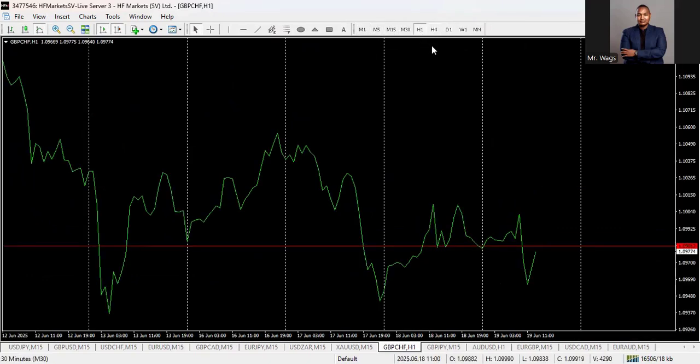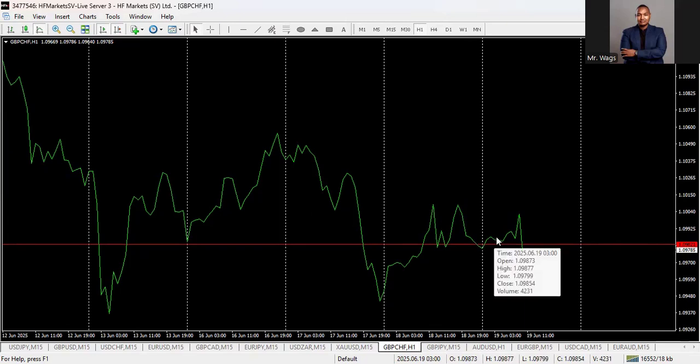So this is called a line chart. What moves in this market is the price. So as the price moves, this line chart prints itself.